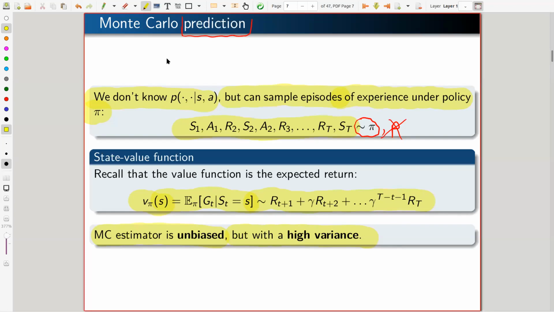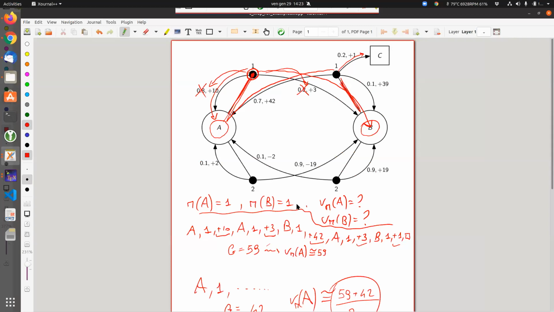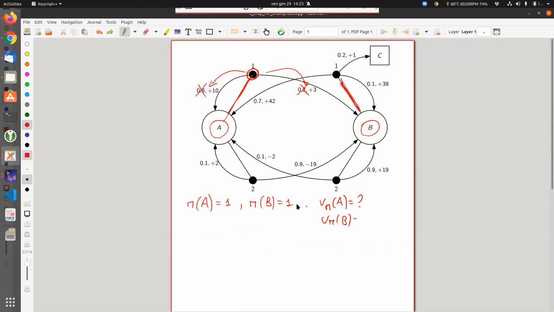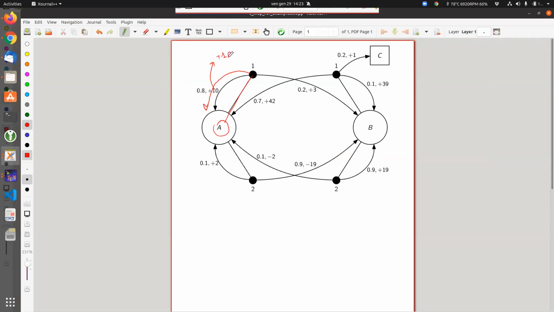Why? Because at every time step, we are doing a step. So let's see this here again. Whenever I take a step, I take one step and let's say I obtain this reward. I obtain plus 10. And this reward can be very different from the expected reward I could obtain from the state.